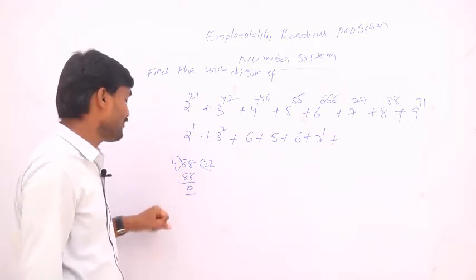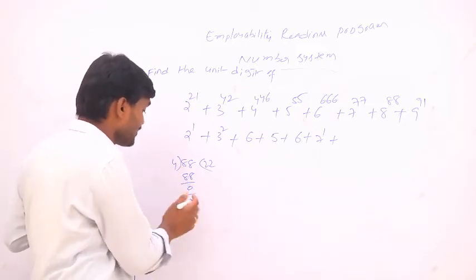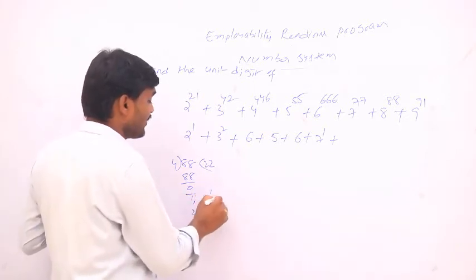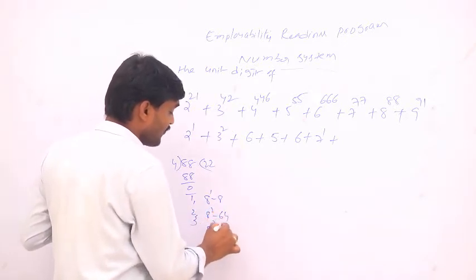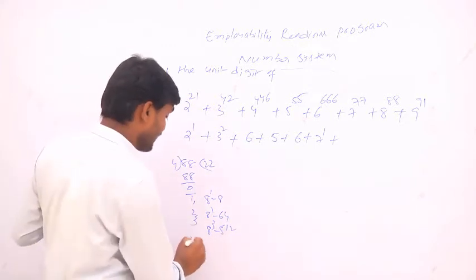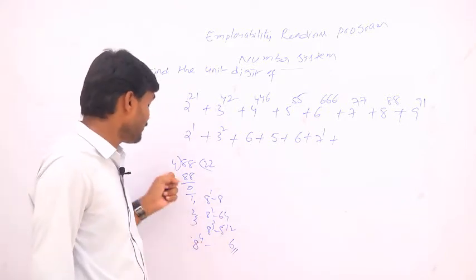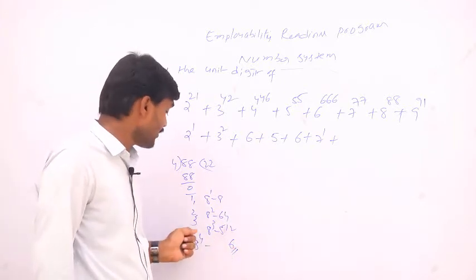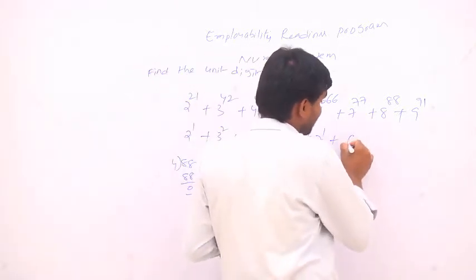If we divide any number by 4, the remainder possibilities are 0, 1, 2, 3 only. 8 power 1 is 8, 8 square is 64, 8 cube is 512. If the remainder is 0, you take 8 power 4, which is 4096, so the unit digit is 6.